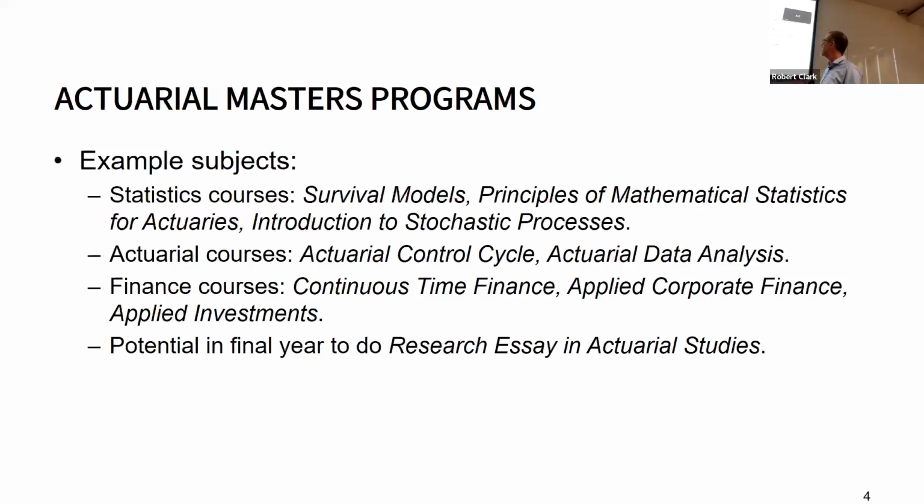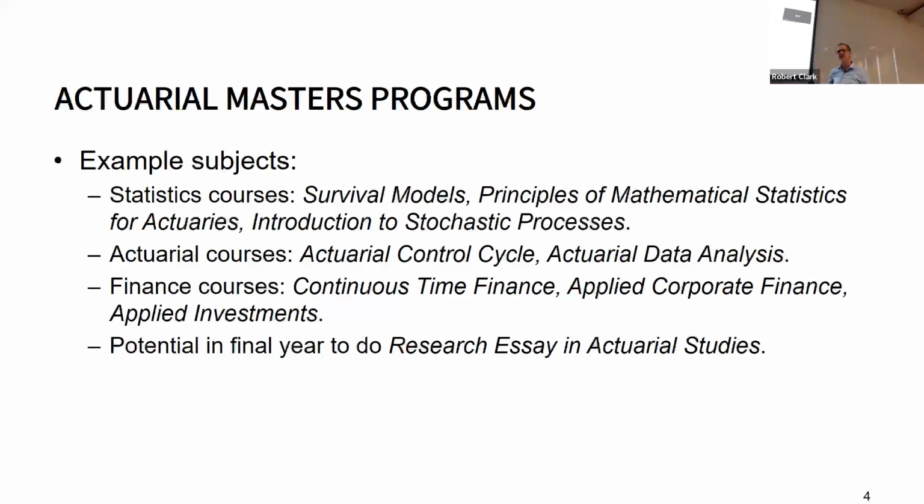So they're coded as ACST for actuarial courses. And these include actuarial data analysis and actuarial control cycle. You'll definitely do at least some finance courses, possibly quite a lot, depending on which degree you're doing and your interests. And this includes continuous time finance, applied corporate finance, and applied investments.